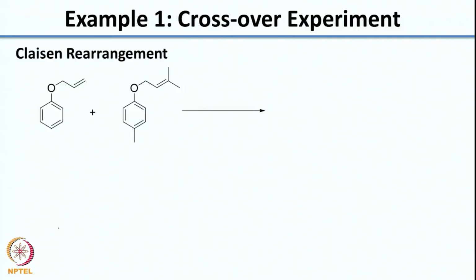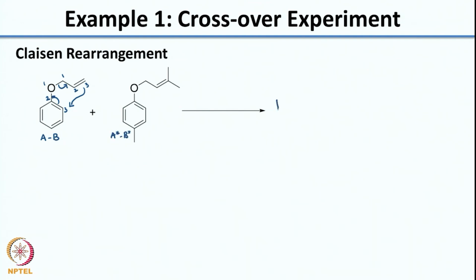So if you assume a concerted process, you have a 3,3 sigmatropic rearrangement. You can draw the arrows any possible way. So you have this sigma bond cleaving. So this is your AB system and this is your A star B star system.